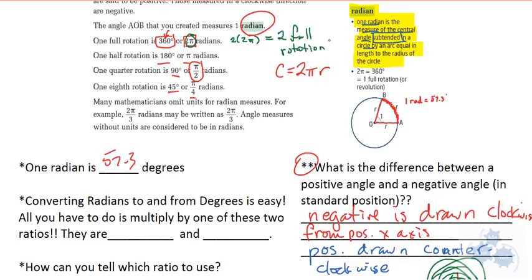Now, in radian measures, someone had mentioned that a lot of times the pi is used to write radian measure, and that's totally true. 1 pi is 180, and then pi over 2 is 90. Well, we could have 3 pi over 4 as well. 1 pi over 4 is 45 degrees.